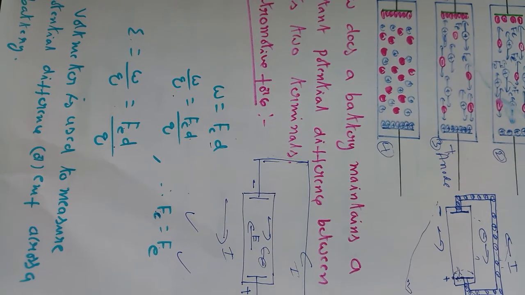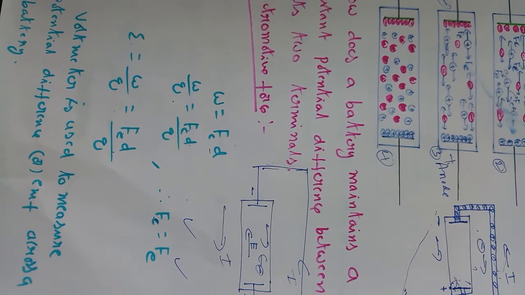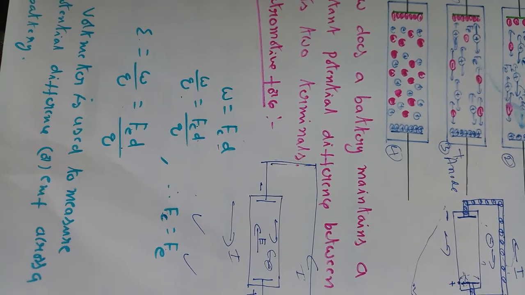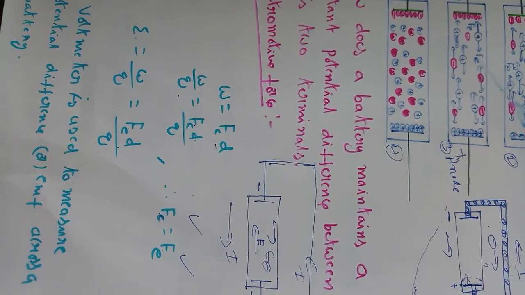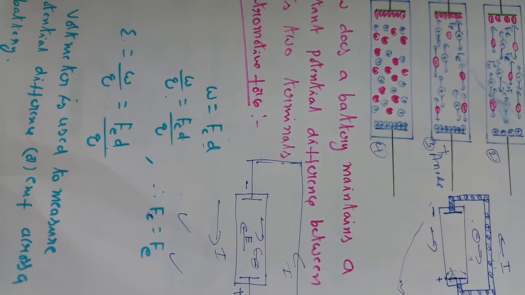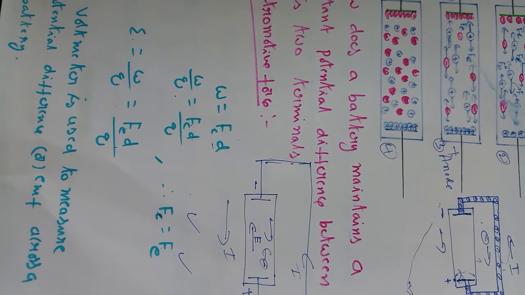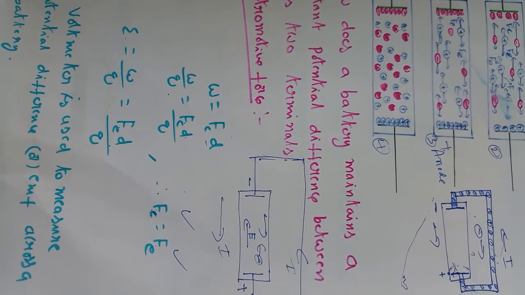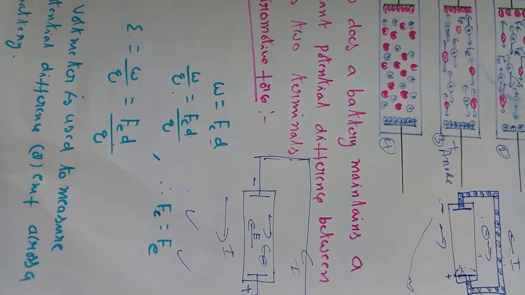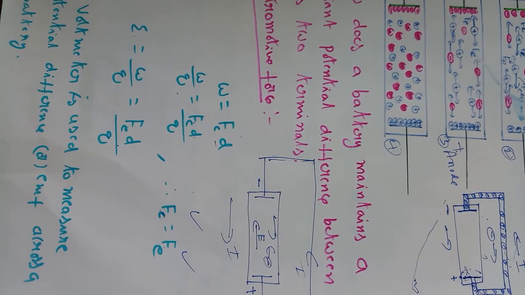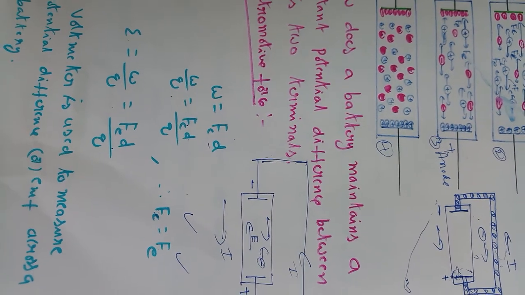The units of both potential difference and EMF are the same. And we use the same device, a voltmeter, to measure the potential difference between any two points and the EMF across the two terminals of a battery.